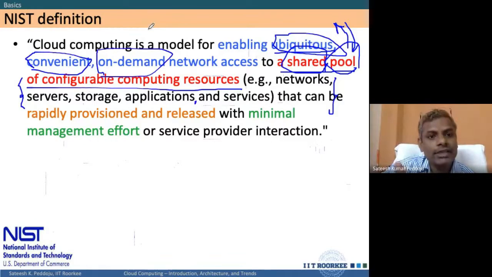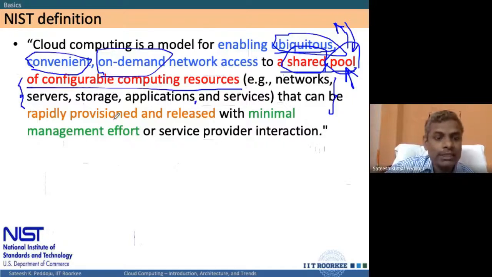So anywhere, anytime, any device is the policy that cloud computing enables for accessing the set of resources existing in the cloud. And please remember, these are provided as a service to the users.